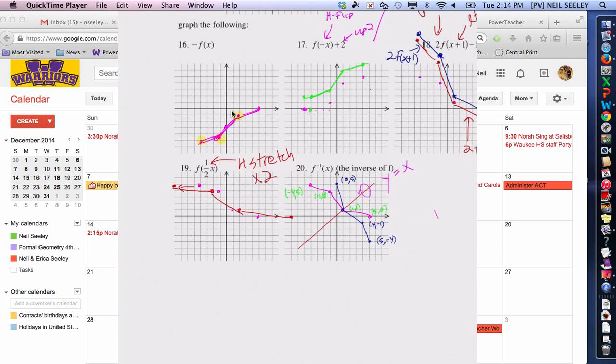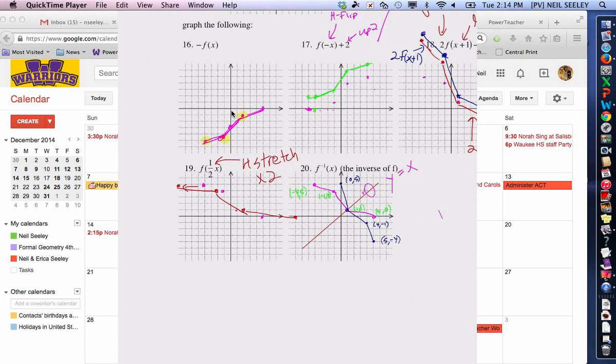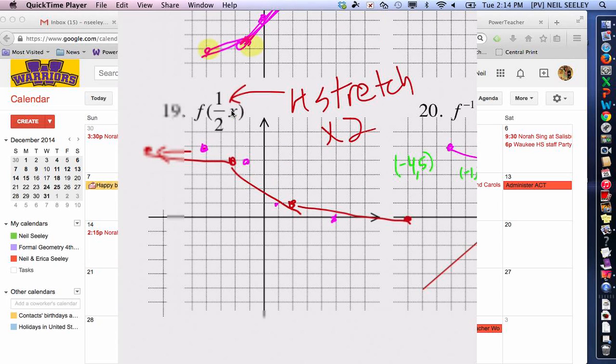There is a horizontal stretch. 1/2 x means you actually take it times 2. Anything you multiply to x has a reciprocal effect, so it's times 2 over 1. So the original's in pink. And then the red one is where I took all those points and horizontally, whatever they were before, this was 4 to the left, I moved it to 8 to the left.